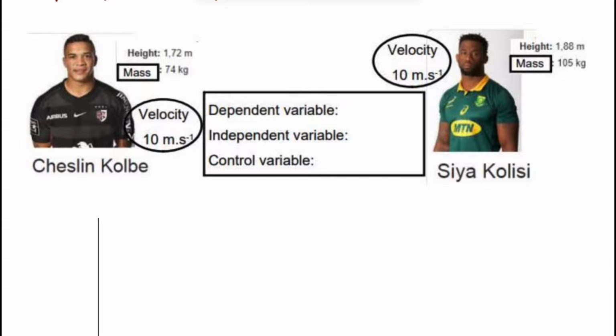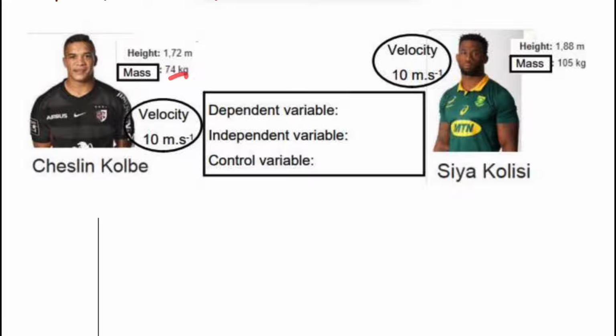Now let's look at the two players. They have the same speed, but they have different masses. That simply means they're going to have different momentum. You can even prove it by calculation. They have different momentum, and the difference between them is the masses.